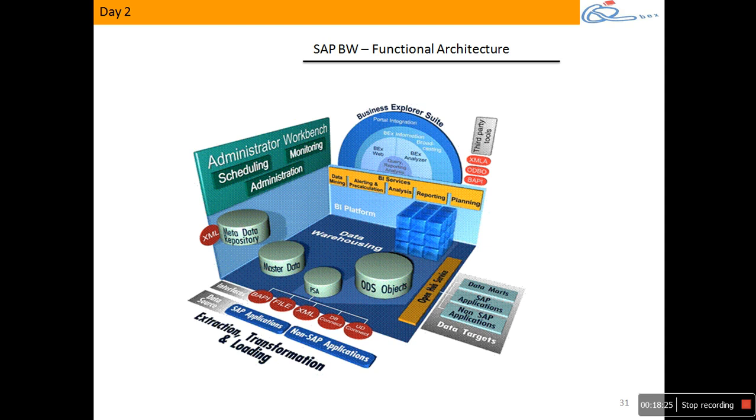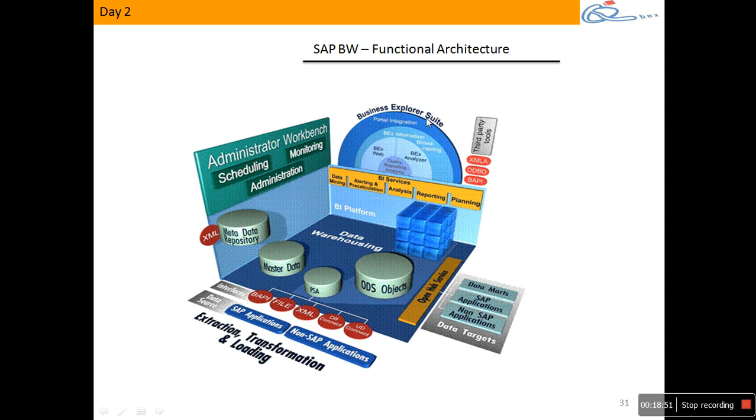Okay, boss. Once the data is stored either in the cube, ODS or master data, whatever it is, we can expose these objects to reporting. Now you loaded all the data into the cube, and I can do reporting on top of this cube. So in BW we have some components built in for reporting also. We use a component called Business Explorer suite.